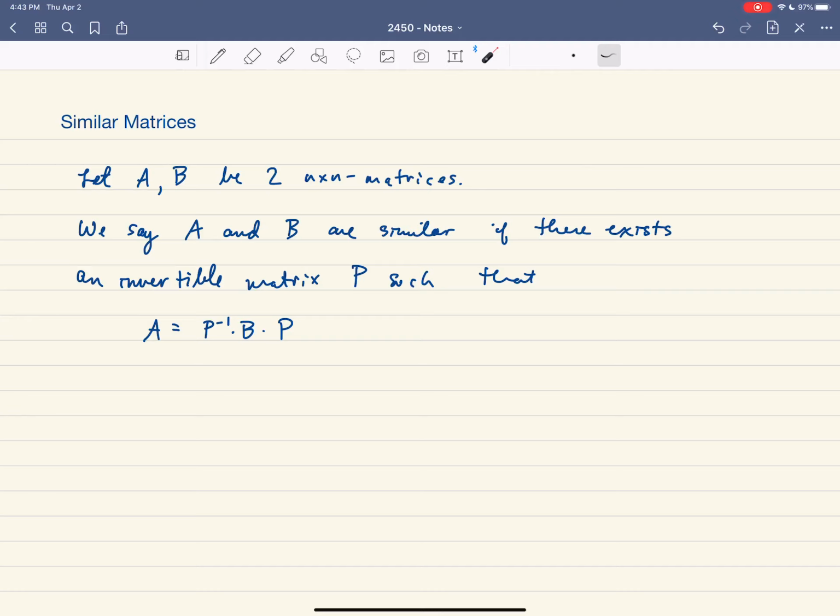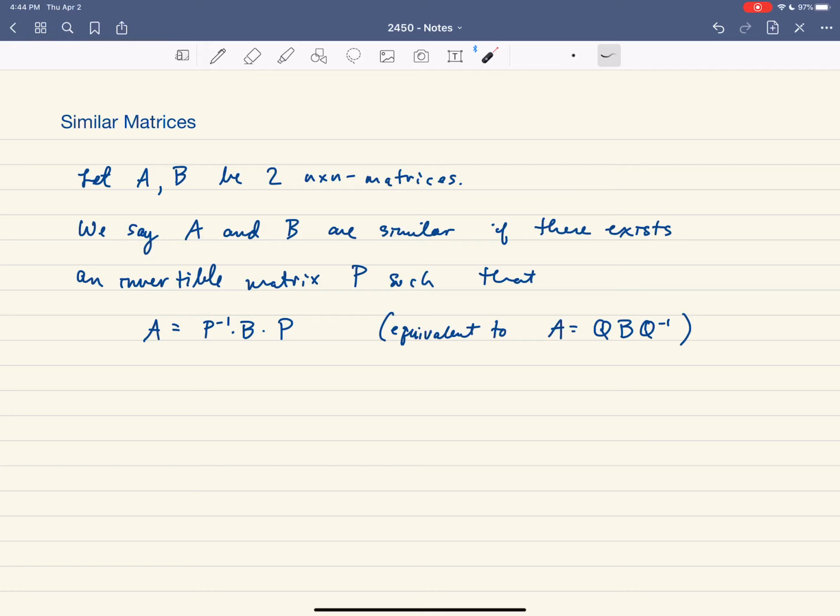Some books have this the other way. This is equivalent to saying that A is equal to some invertible matrix, say Q, times B times Q inverse. So some people like to put the inverse on the right side. Some people put it on the left.